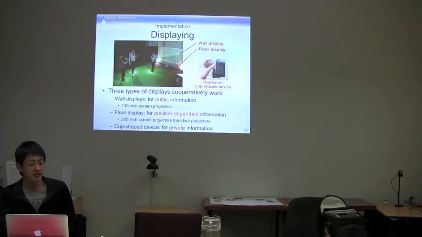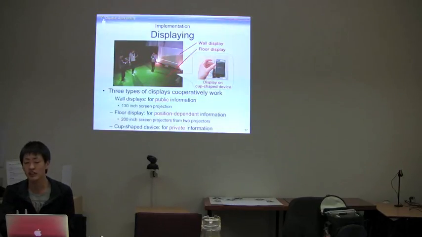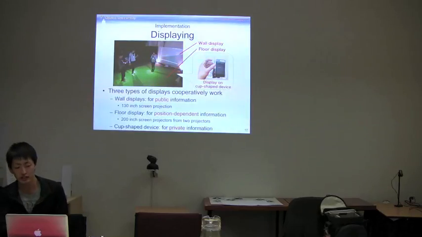The display environment is the main feature of this system. In our implementation, there are 3 different types of displays which can cooperatively work. There are 2 wall displays on 2 sides of the room for showing public information.